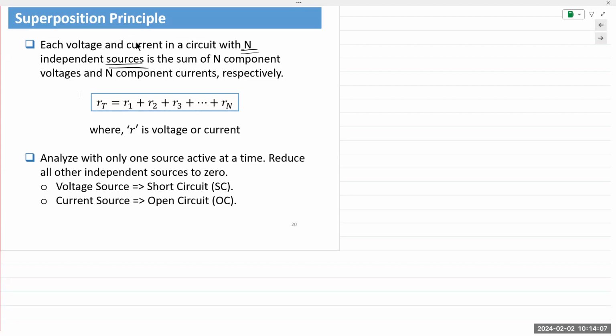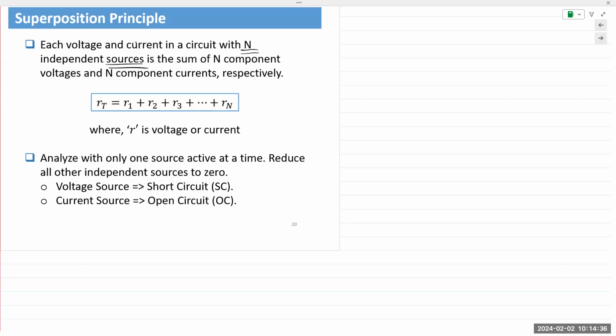So if I was to find a value for RT, where R could be voltage or current, and T is the total, T would represent the quantity or the number of parts for that quantity depending on the n number of sources.